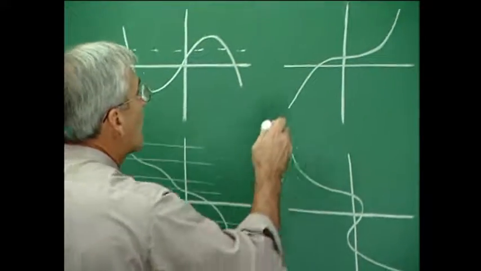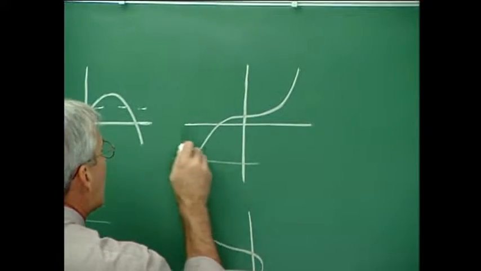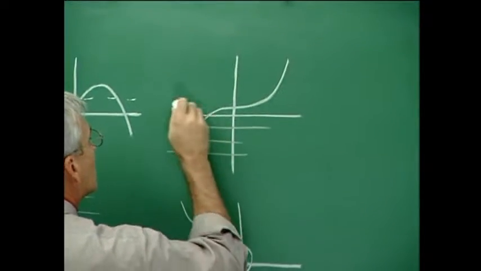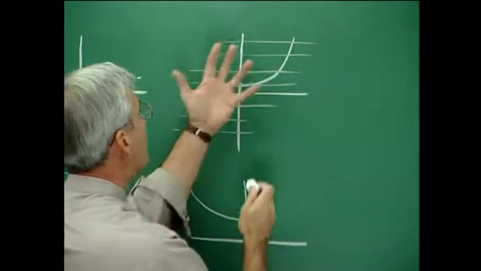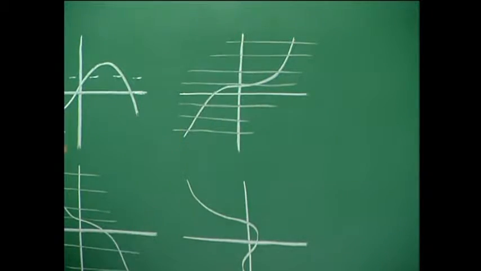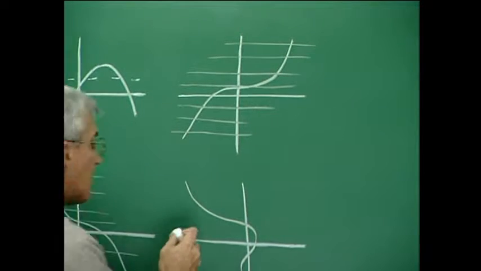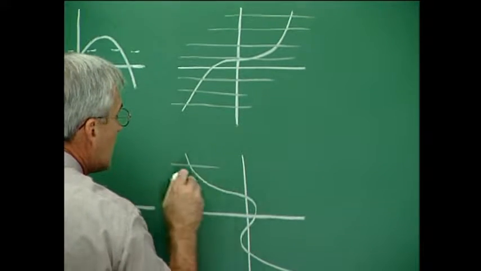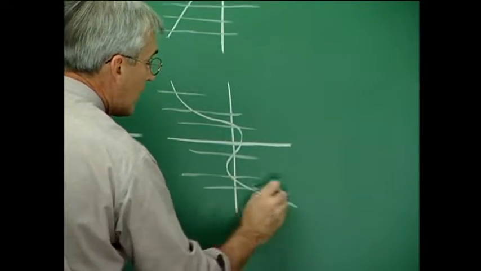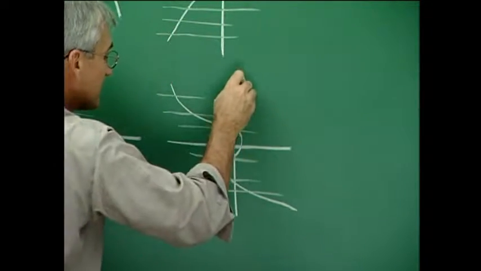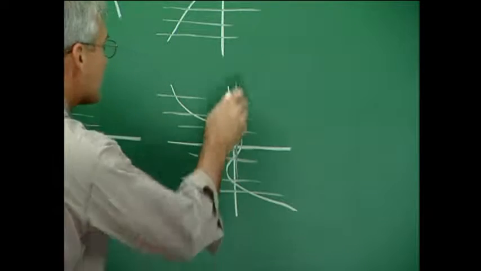Here's a situation where we are passing a horizontal line test. We pass the horizontal line test, therefore the inverse will pass a vertical line test. On this one, we pass the horizontal line test, but I tricked you. This isn't a function to begin with. It fails a vertical line test to begin with.